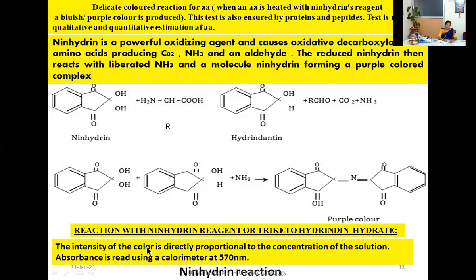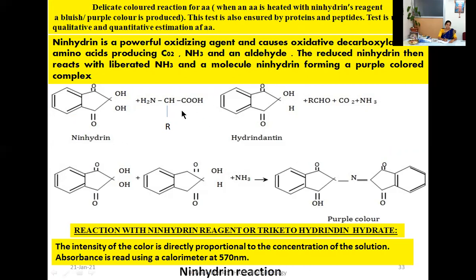The intensity of the color is directly proportional to the concentration of the solution. Absorbance is read using the colorimeter at 570 nanometer. If you write this much, it is more than enough. What has happened here?